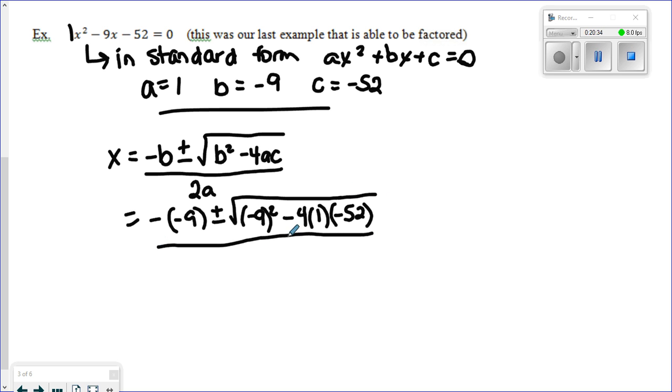So you'll see that I write down all of my steps before I actually start calculating. So 2 times a is 2 times 1. Now I'm going to clean it up a little bit. If I have subtract -9, we know that's going to be +9, plus or minus.